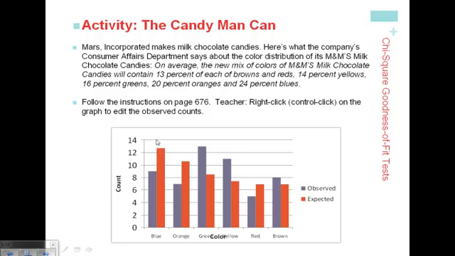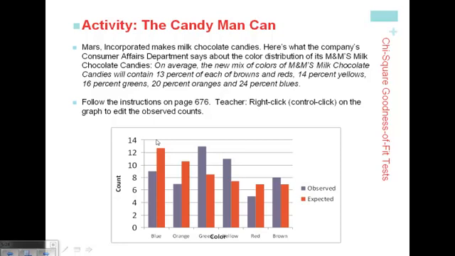Or is the fact that I didn't get exactly what I expected just part of the chance variation of things? In other words, is this significantly different than what I expected? Is this not by pure chance alone? Or is this just part of the natural variation that goes on and nothing special is going on?